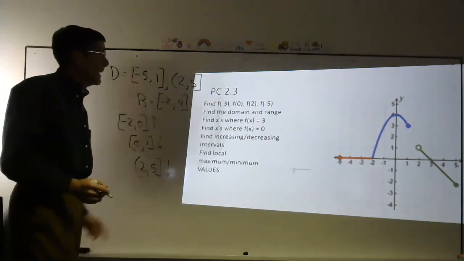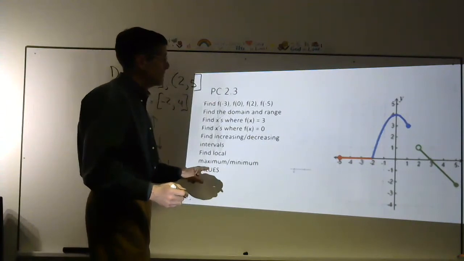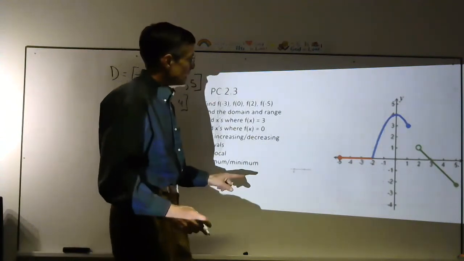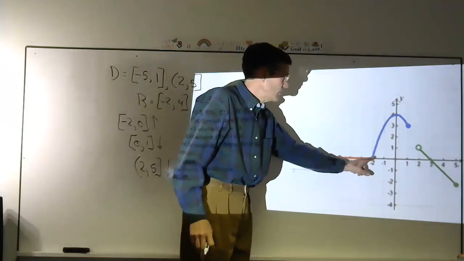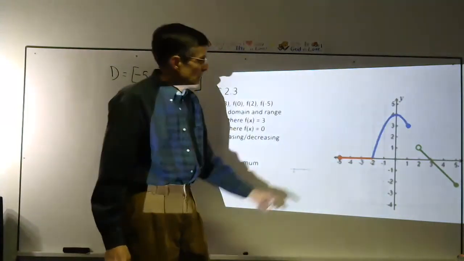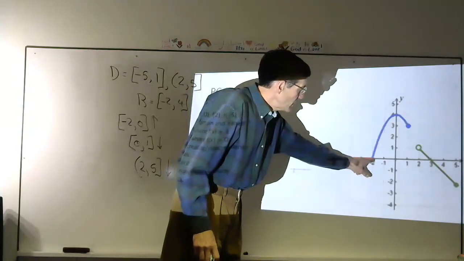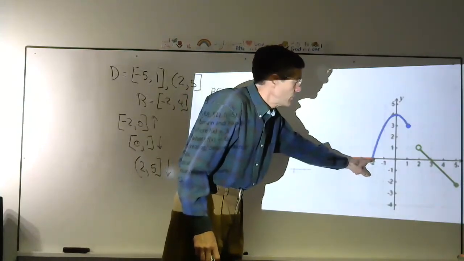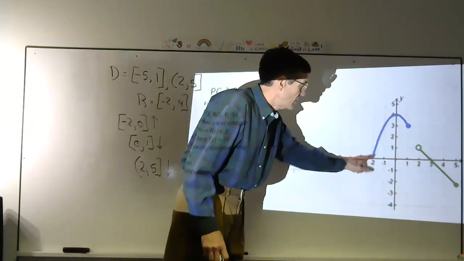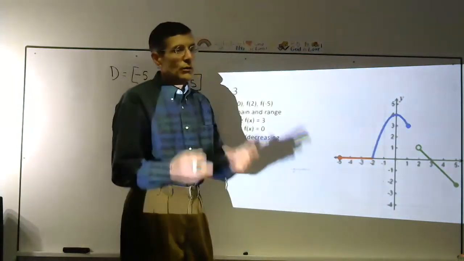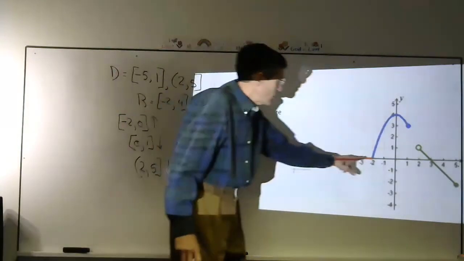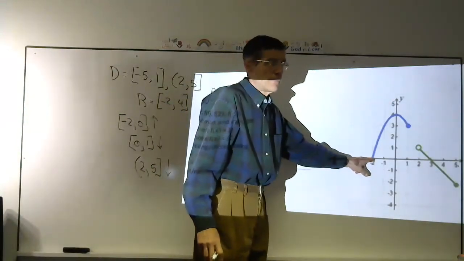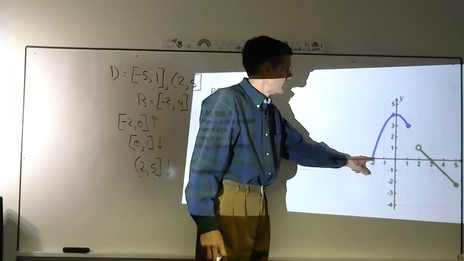Local max min values, not the points, just the values. Okay? Now, this one's going to be a little tricky. -2, 0, right there. That is smaller than or equal to points on either side. That is a local minimum. So the value right there is 0. All I want is the value. So 0 right here is a local minimum.